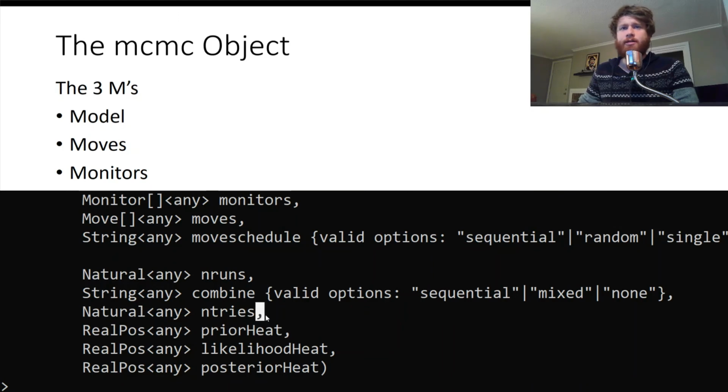And then n tries is as we're initializing the MCMC. This is how many tries you give the MCMC to initialize. And then lastly, we have prior heat, likelihood heat, and posterior heat. If you give any of these a value, it will raise each of these components to whatever power you give it, and that will affect the MCMC accordingly.